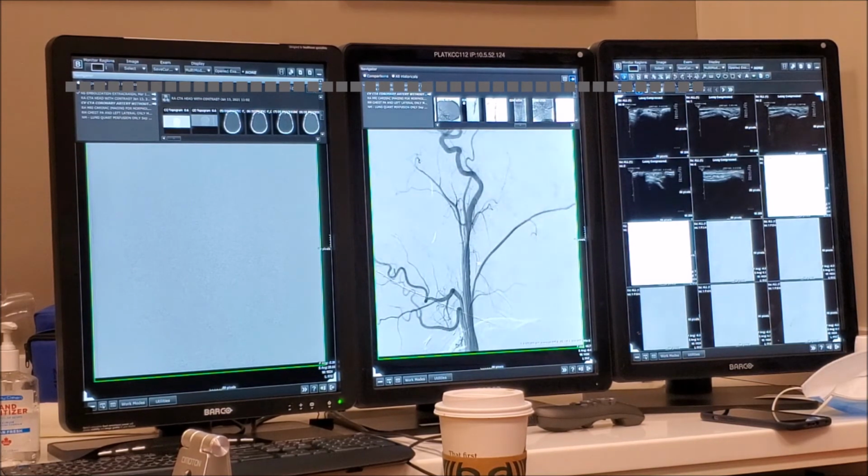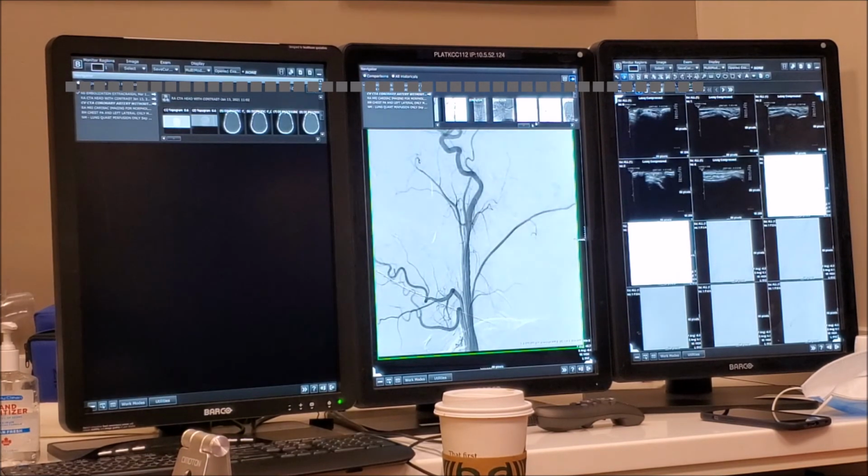Okay, Christina, what is this? That's the superficial temporal. But what does this curve mean? It's going over the zygoma. See, it's getting there. Okay, let's see up here.